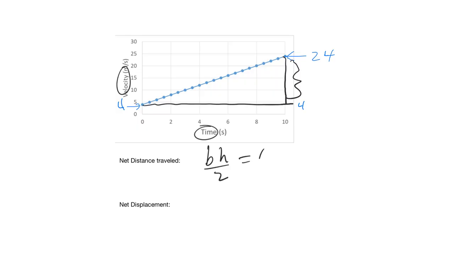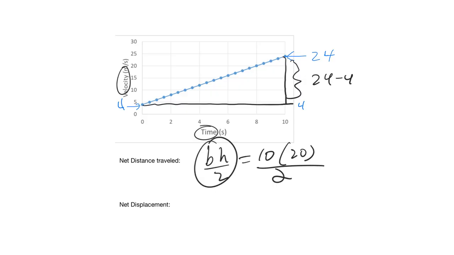The height looks like about 24 minus 4. Then we're going to divide that by 2 because that's the area of a triangle. So 10 times 10 is 100 meters. What's the net displacement? Same thing.